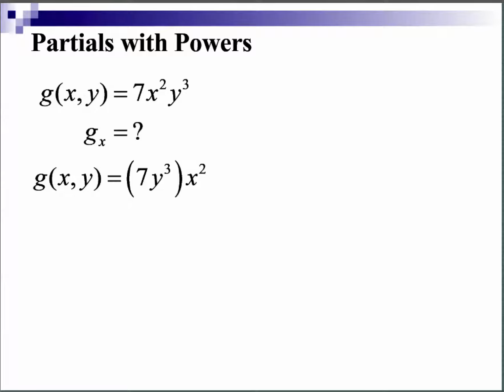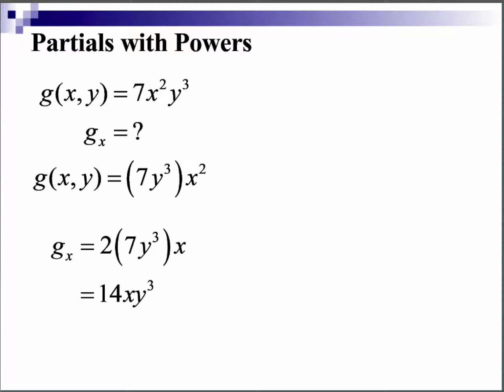So to take the derivative, we would simply take the 2, bring it out front, multiply by the constant that's already sitting there, 7y cubed, keep the variable x, but reduce its power by 1 from 2 down to 1, which we'll just write as x by itself.